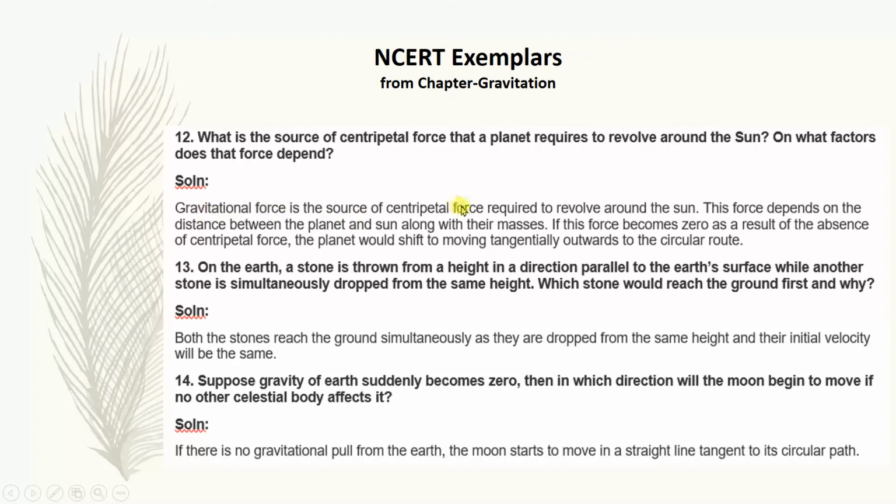So gravitational force will provide the centripetal force that will help the planet revolve around the sun. Now, on what does gravitational force depend? The centripetal force depends on the same. It depends upon the product of the masses, of the planet and the sun, and also upon their distance, an inverse square relation.